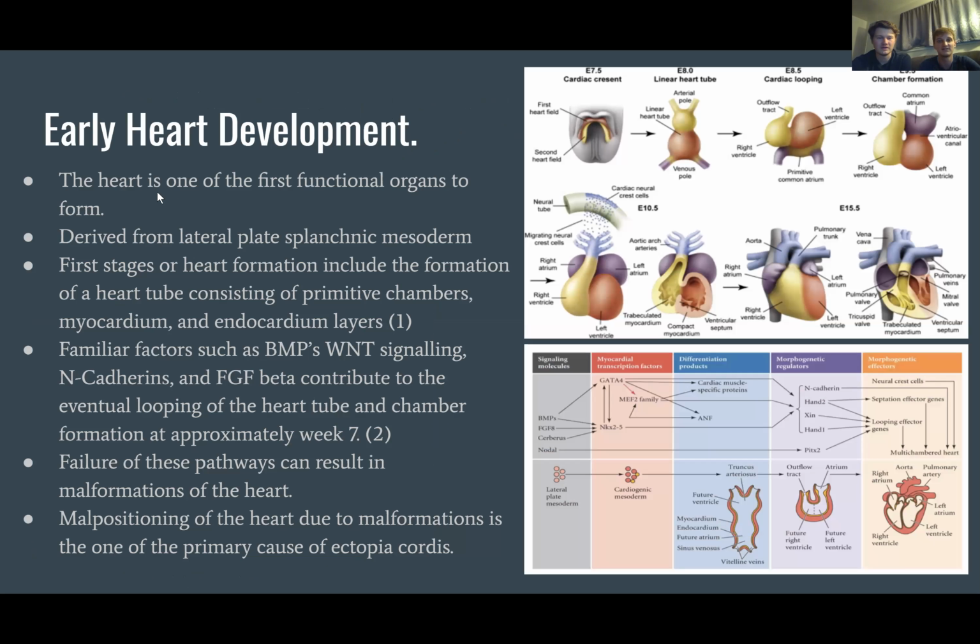The heart formation and development begins early on in the splanchnic mesoderm. There we begin to see the first portions of the first heart field forming, which ultimately leads to different factors such as BMPs, Wnt signaling, N-cadherins, FGF-beta, which contribute to the formation of the linear heart tube.